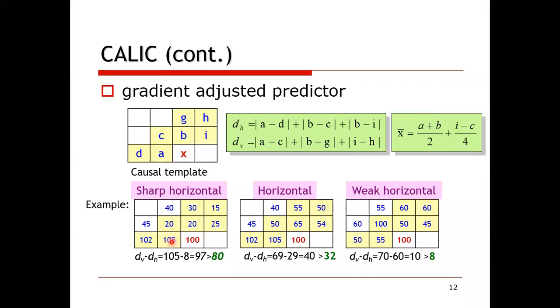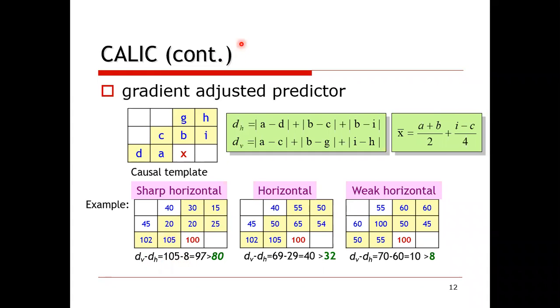It becomes 150 minus 102 mod value plus 20 minus 45 plus 20 minus 25. It becomes 105. We find the ds value in the horizontal direction: 105 minus 102 plus 20 minus 45 plus 20 minus 25. It becomes 8.